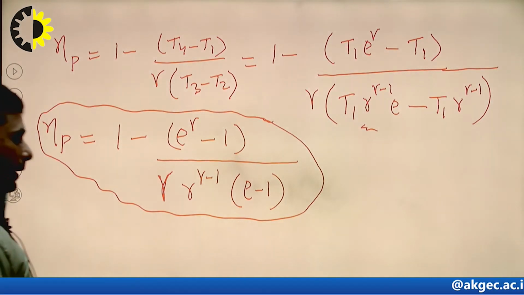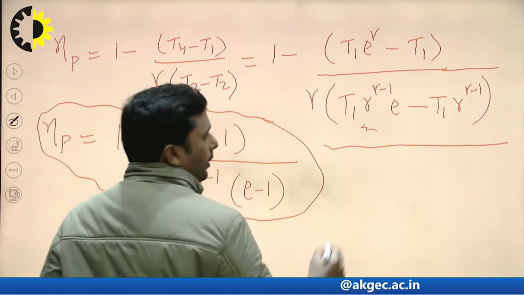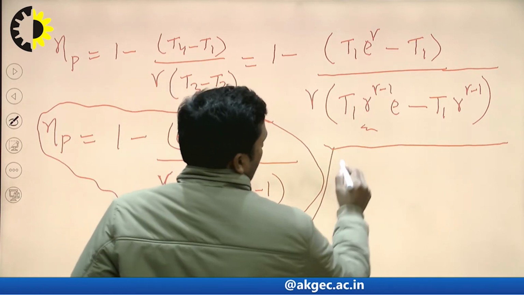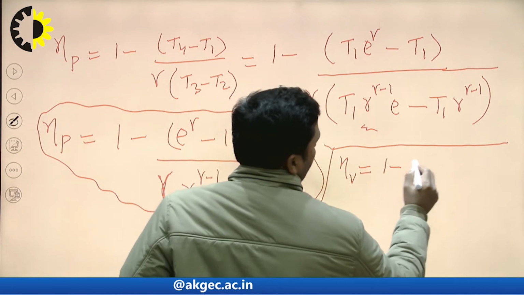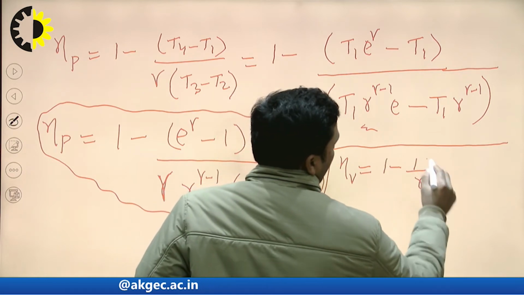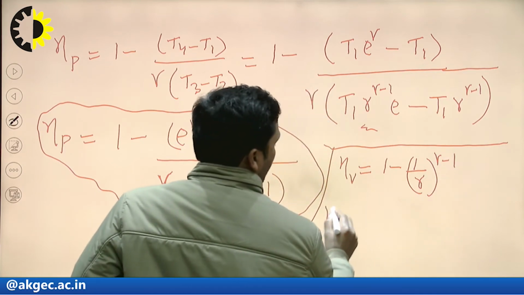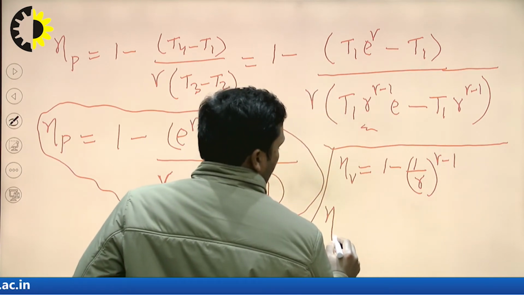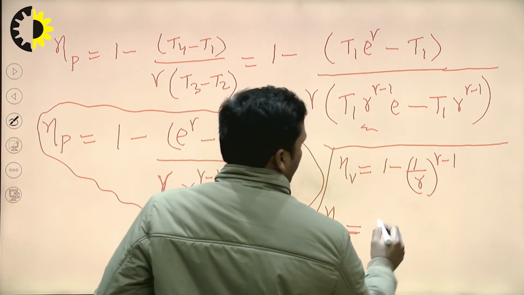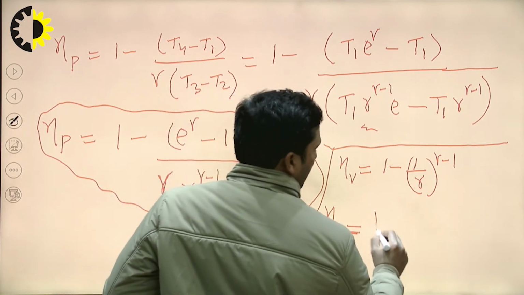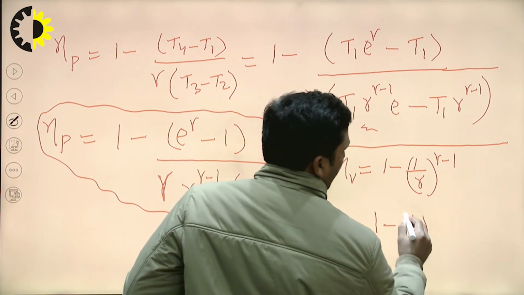And we have already calculated the thermal efficiency of Otto cycle is equal to 1 minus 1 by R to the power gamma minus 1, and the thermal efficiency of diesel cycle is equal to, we can remember this expression by this method, 1 minus 1 by R to the power gamma minus 1.